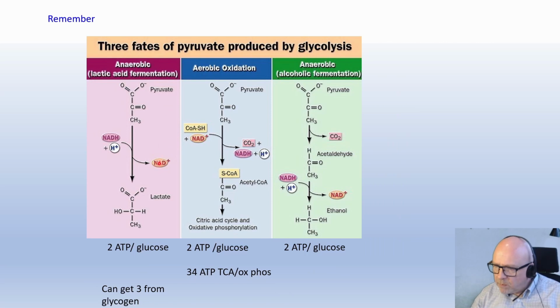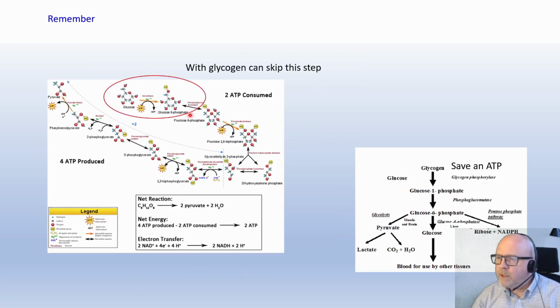This is just to remind you, pyruvate to lactate differs a little bit from pyruvate to acetyl-CoA, in that when we make lactate, we can replenish NAD+, and this is important for glycolysis. And also, this is shown here: when you break down glycogen, you can skip the ATP investment step to give us glucose 6-phosphate.